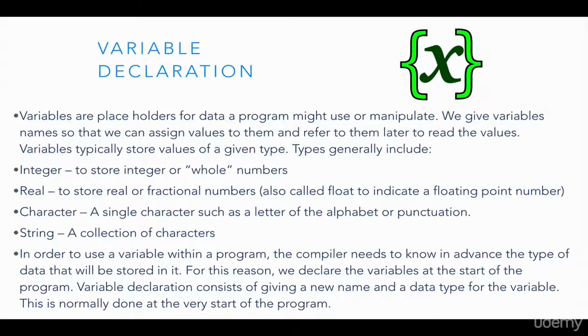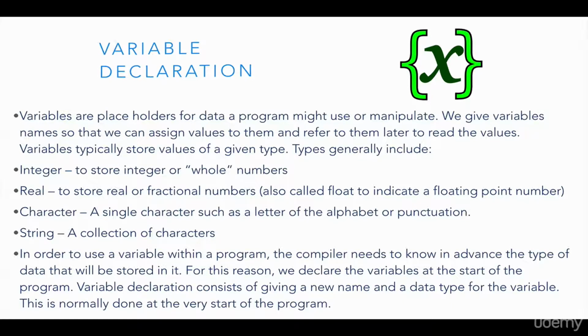Then we can assign a value to it, or we can just declare it and then somewhere in the code assign a value to that variable. I will be talking about variables later in the next section when we are actually coding in Java. In this section, I just want to give you an introduction to programming and the basic concepts of programming.